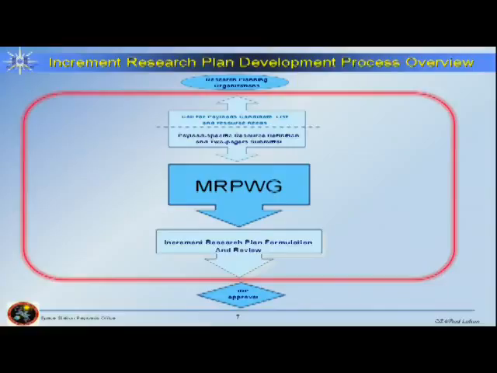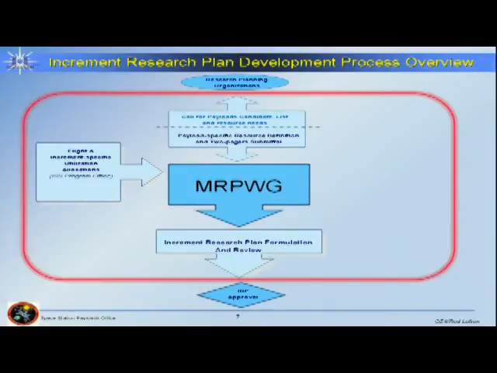Can I get the next click? We do have other requirements coming in, allocations and things from the program that we must adhere to when we put together the research plan. Flight and increment-specific utilization allocations like up mass and amount of crew time that's available to us.